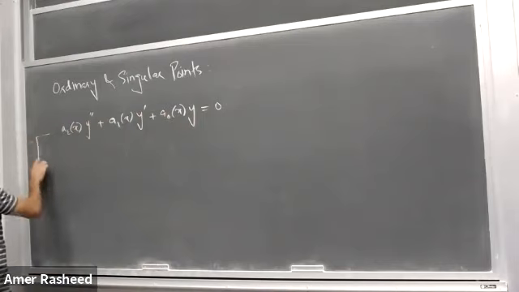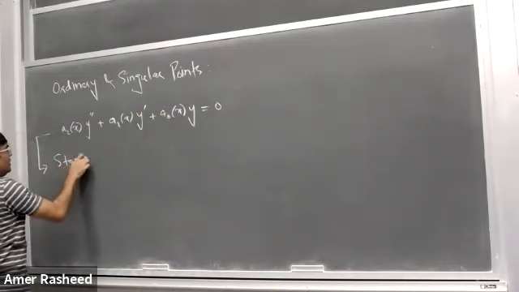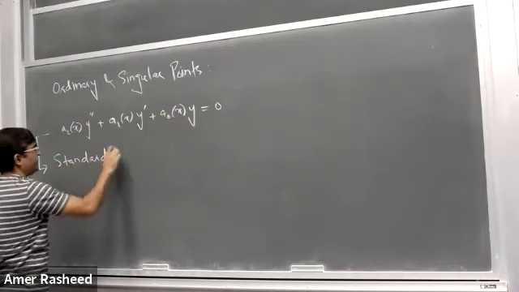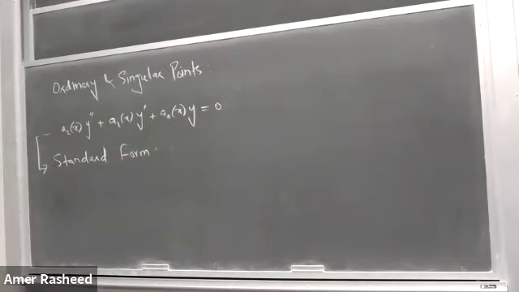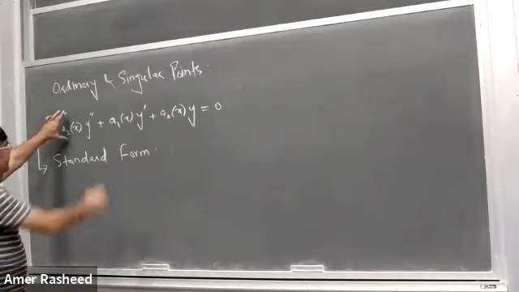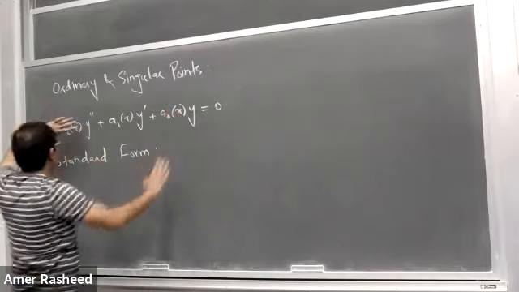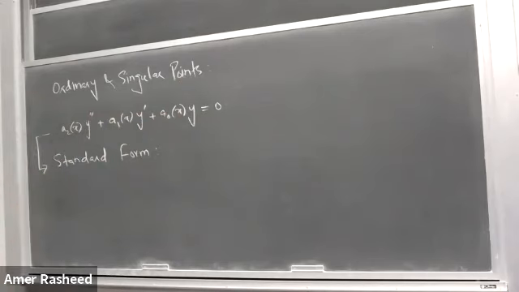We try to write its standard form, which we have already written in the previous lecture. So this is the normal form. We try to convert it first into standard form.